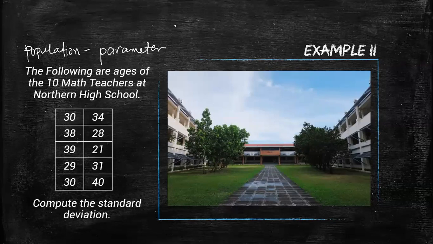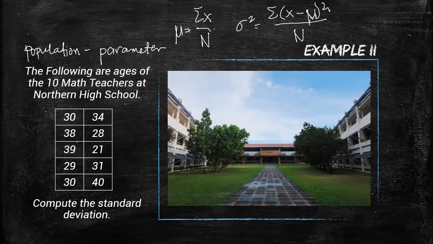So, I'll be giving you the formula. Ayan. So, mean is equal to the summation of x over n. And then our variance, sigma squared, is equal to the summation of x minus mu squared over n. But walang standard deviation, simply square root it.